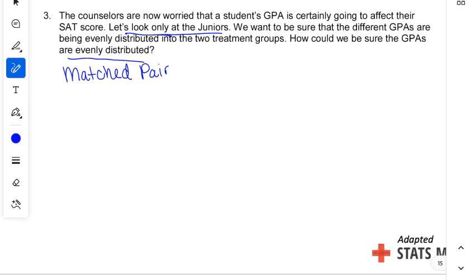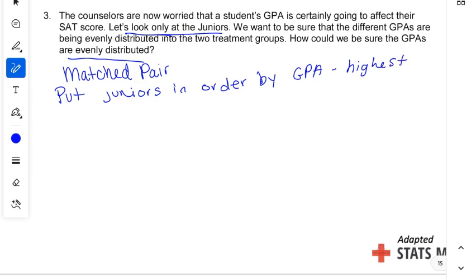And the way we are going to match them is we're going to put two students that have very similar GPA together and then split them into online in classroom. So the way we'll do that is put juniors in order by GPA, highest to lowest.